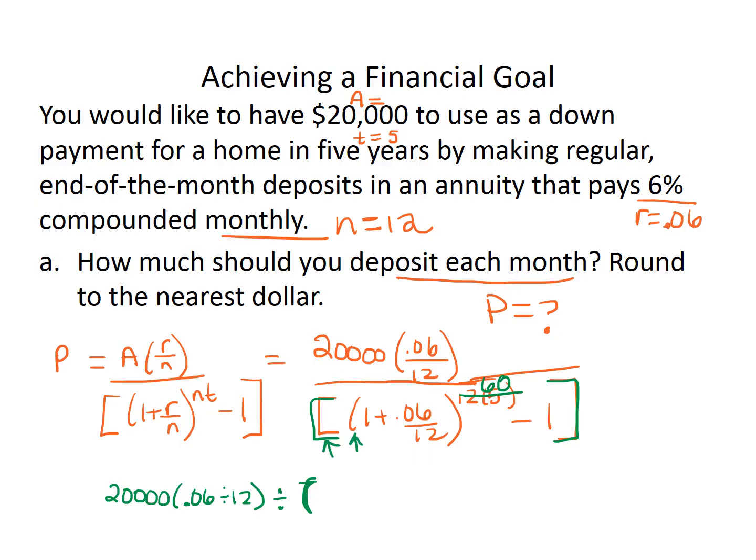So it's parentheses, parentheses, 1 plus 0.06 divided by 12, close the parenthesis, raise it to the 60, minus 1, close the parenthesis. Again, if you need to pause the recording to catch up, you can. Hopefully everybody's beginning to feel very comfortable with the calculator.